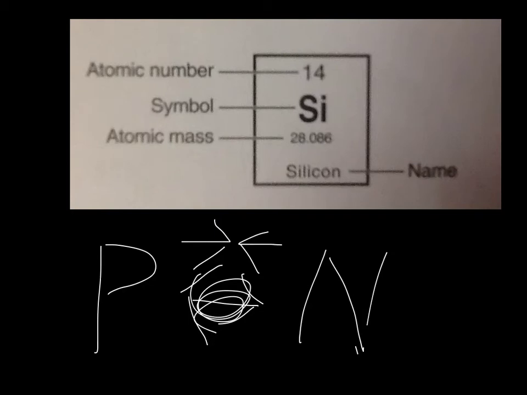So, to balance that out, you would have to have 14 protons and 14 electrons for it to be balanced and not uneven. All of this, however, takes place in the atom.